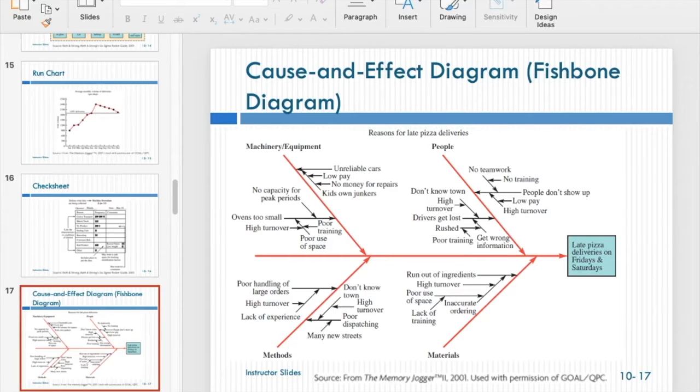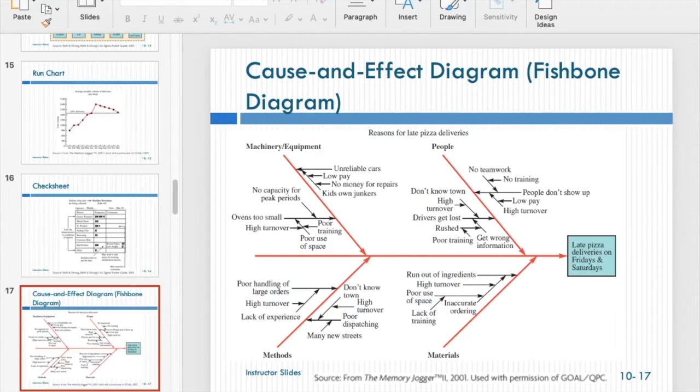All right, so let's say under the people reason, it may be because the driver got lost, or because people actually don't show up, such that the pizza delivery is late on that day. And why the driver got lost or why people don't show up may have more detailed reasons. So you see the cause and effect becoming more and more specific and detailed within this cause and effect diagram.